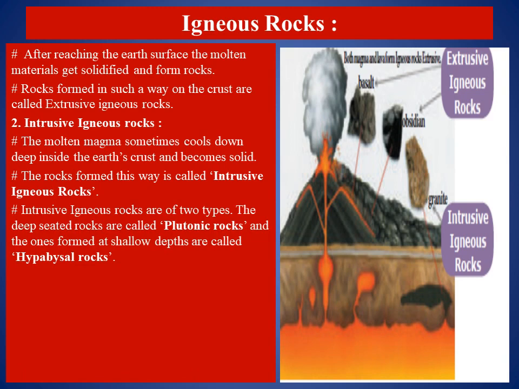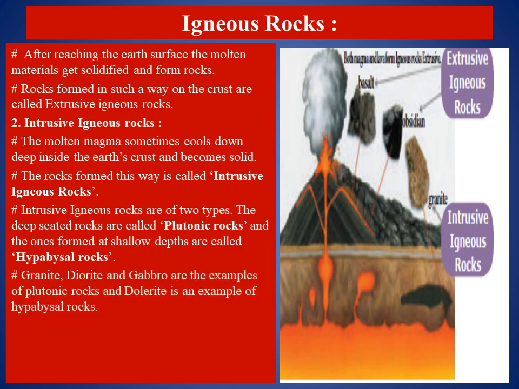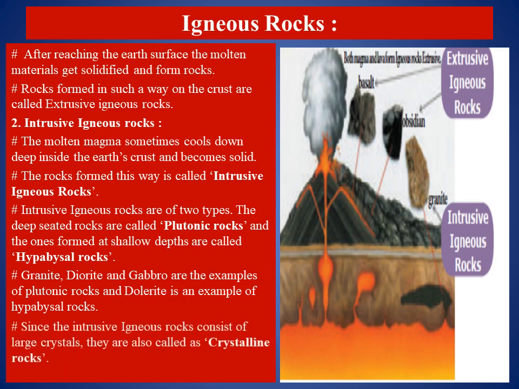Intrusive igneous rocks are of two types. The deep-seated rocks are called plutonic rocks, and the ones formed at shallow depths are called hypabyssal rocks. Granite, diorite, and gabbro are examples of plutonic rocks, and dolerite is an example of hypabyssal rocks.